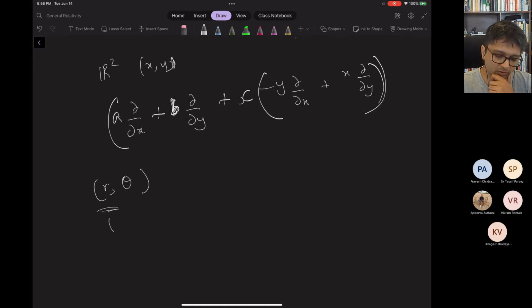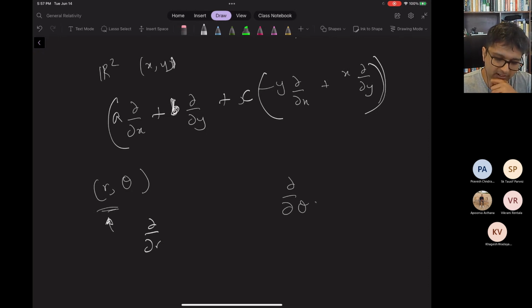Now, we can find Killing vector fields expressed in terms of partial r and partial theta. For example, the rotational Killing vector would be partial theta.